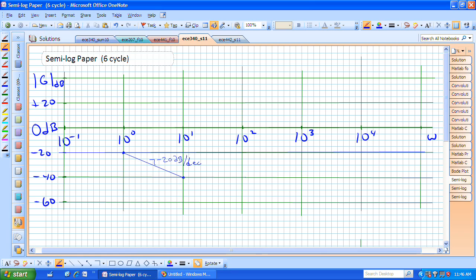Then we go flat until we reach our next pole, and our next pole is at 100, and because of that then we have a flat magnitude plot, but thereafter we are going down 20 dB due to the first pole.